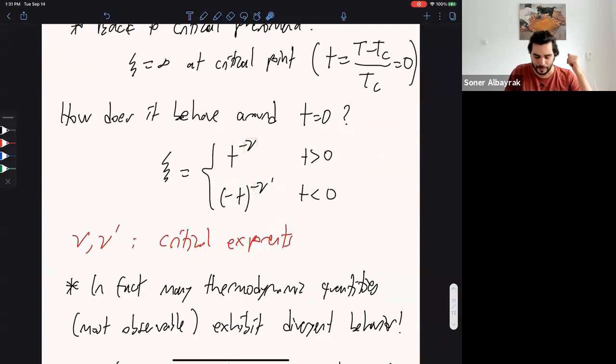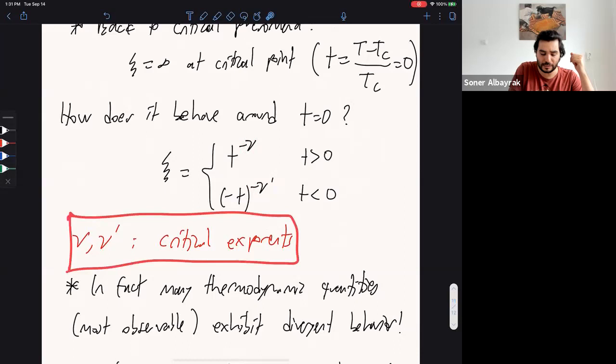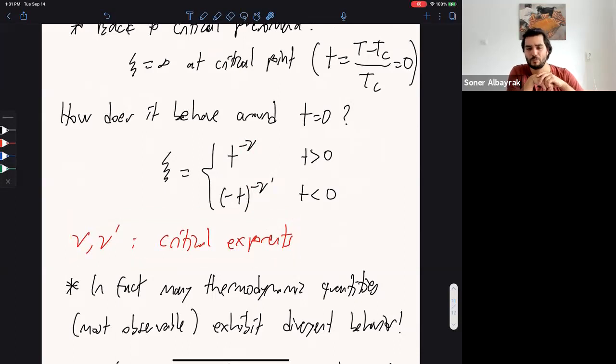And in fact, these coefficients, called critical exponents, are the same for different theories. If you consider water, carbon dioxide, nickel magnets, a bunch of different stuff, they all have the same numerical value for this nu. This was the surprising thing. This is actually what's called universality that we mentioned yesterday.